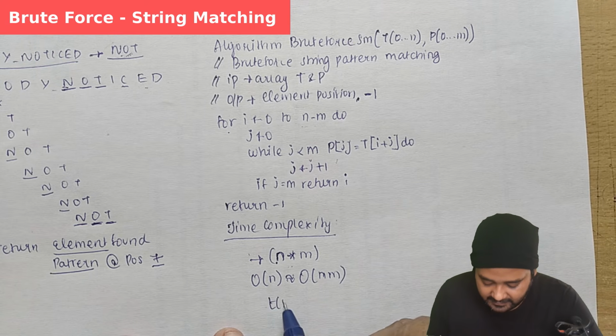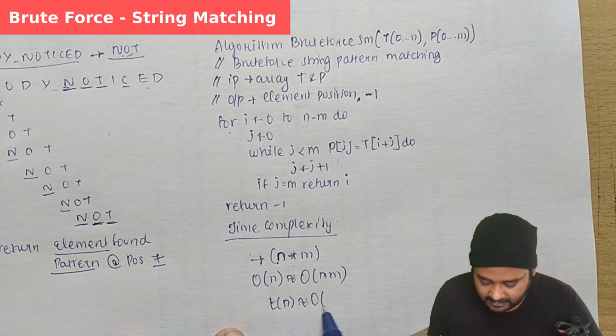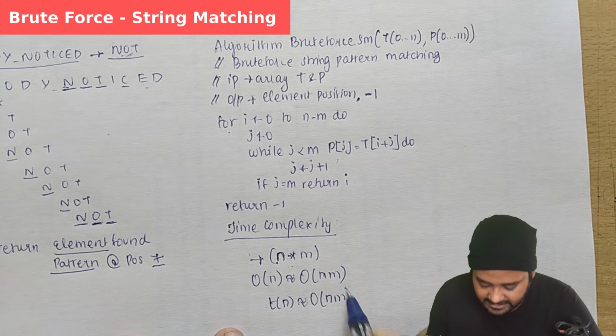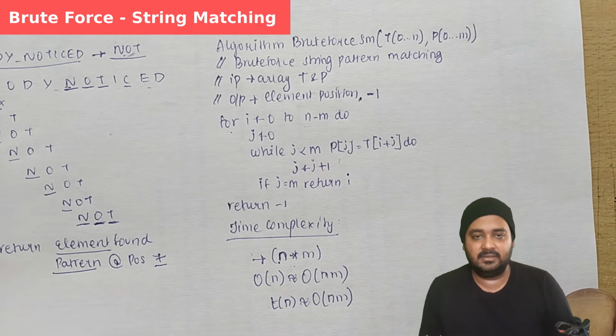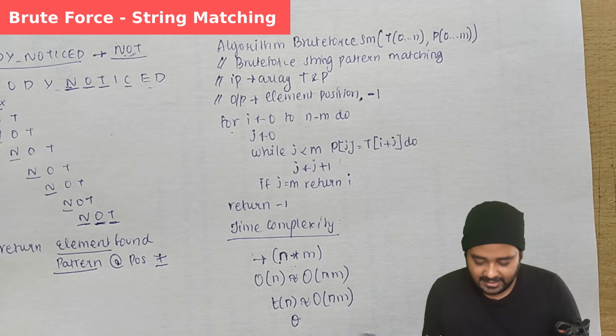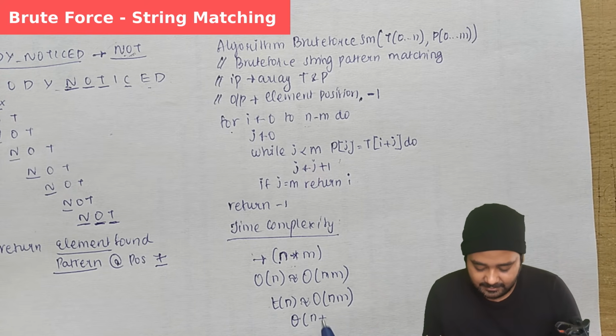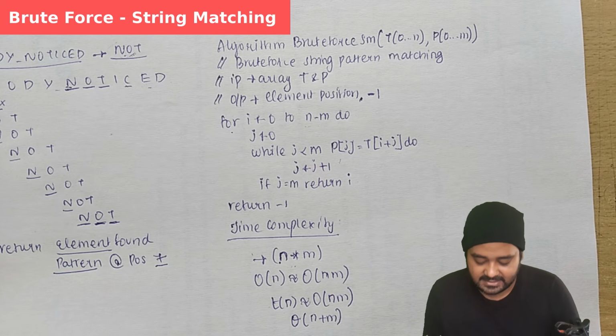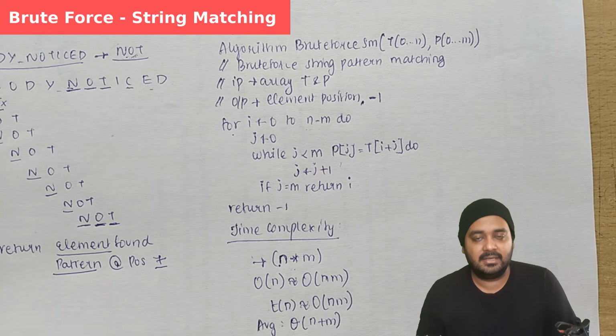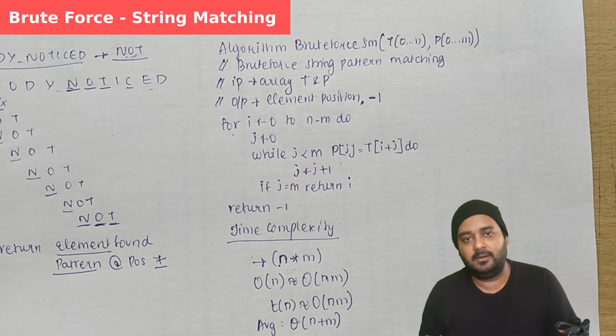So the time complexity T(n) for the worst case is n times m. For the average case, or theta notation, it will be something like n plus m. This is how the string matching algorithm works with the help of the brute force approach.